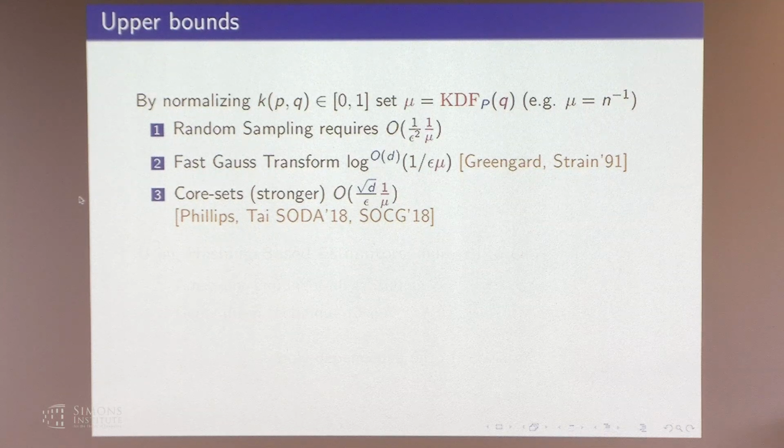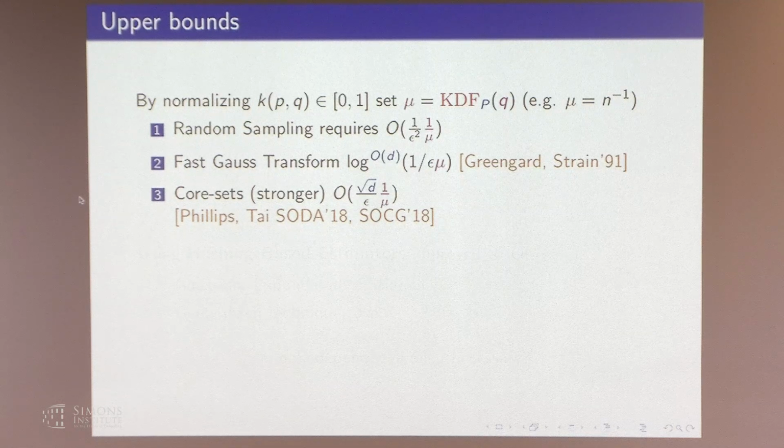These kinds of questions have been studied in low dimensions by Greengard and Strain, Greengard and his collaborators. There's something called the fast Gauss transform that allows you to compute this kind of quantity for all pairs. If you use those methods, the scaling is exponential in dimension.